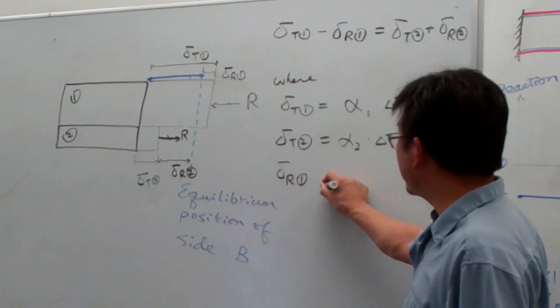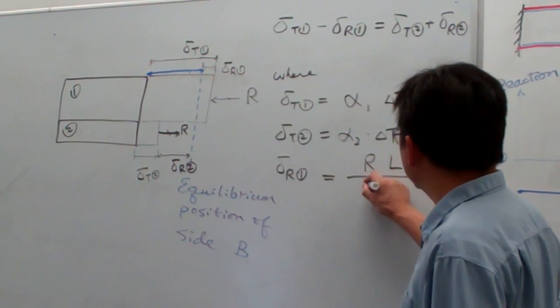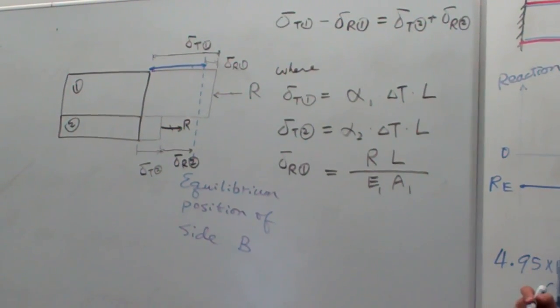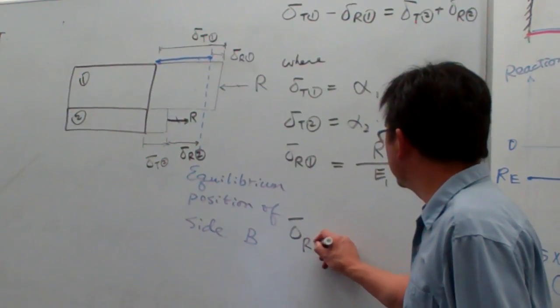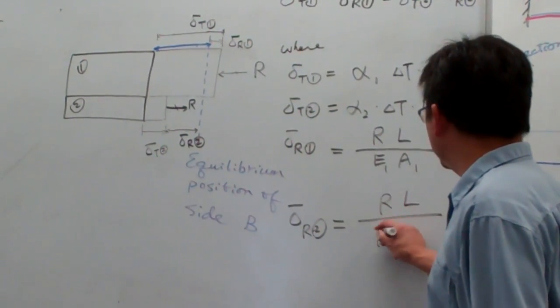That is our generic formula, RL over EA, and for material 2, RL over EA.